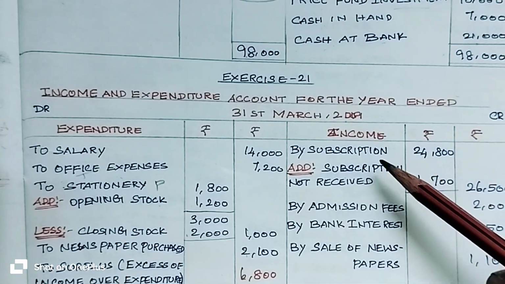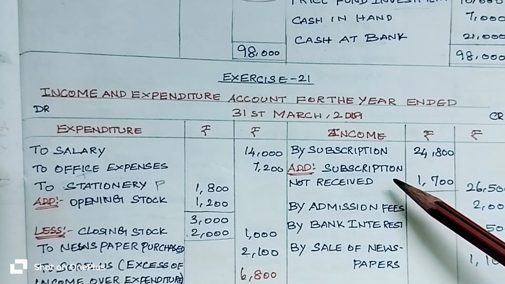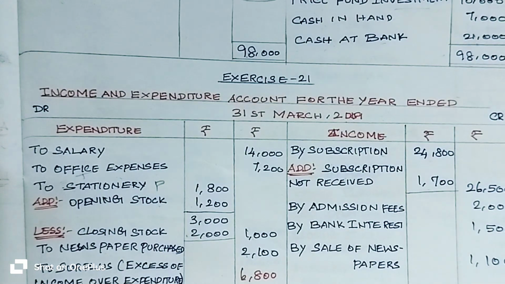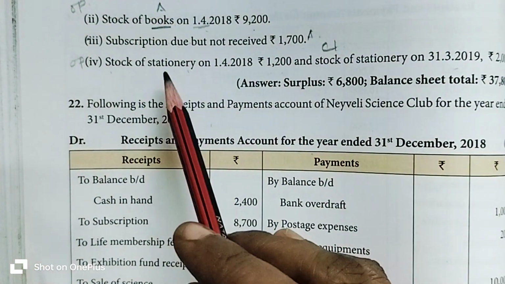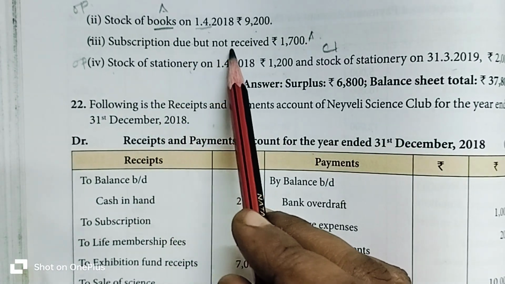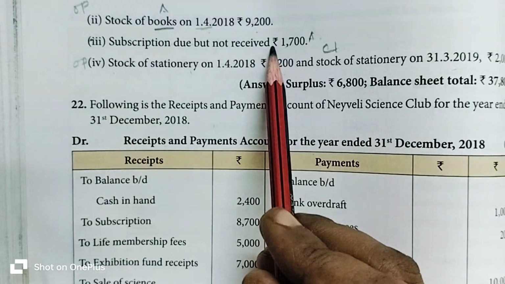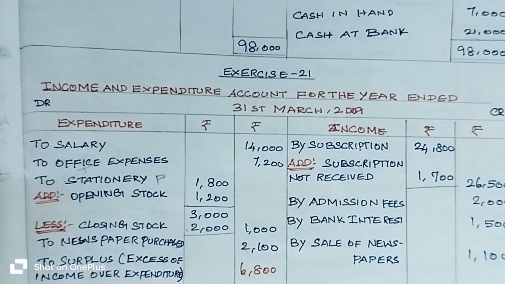And on the income side, by subscription 24,800. With that we have to add the subscription received in advance, 1,700. Listen, subscription due but not received. Okay, so we have to add this amount, 1,700, on the income side with the subscription.